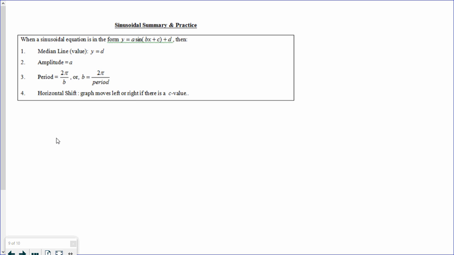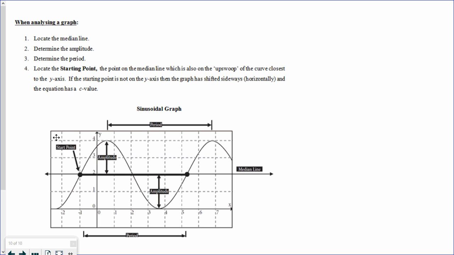Your period is related to that b value, so period is 2 pi divided by b, or if you're given the period and need to figure out what b is, it's 2 pi divided by the period. And a horizontal shift is the graph moves left or right if there is a c value.